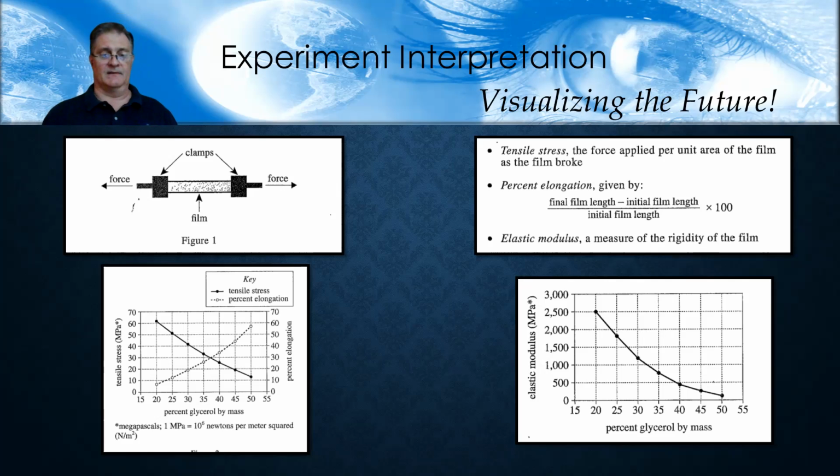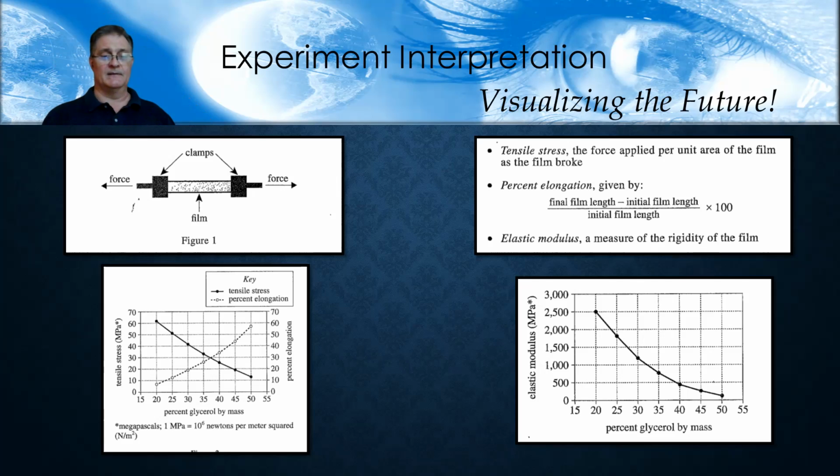The last italicized word, elastic modulus, a measure of the rigidity of the film. Well, stiffness, right? Rigid. How rigid is it? If it's real rigid, the film won't stretch at all. It'll just break.